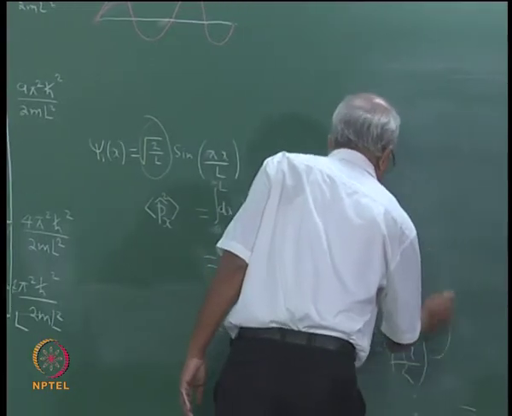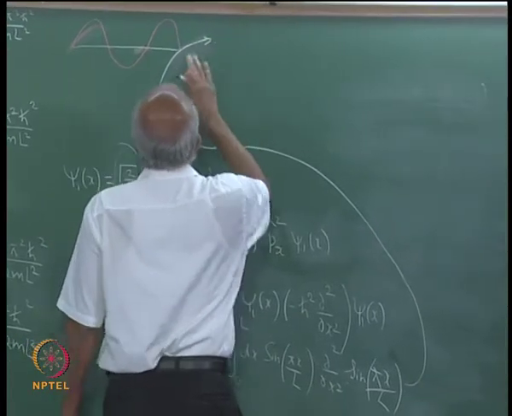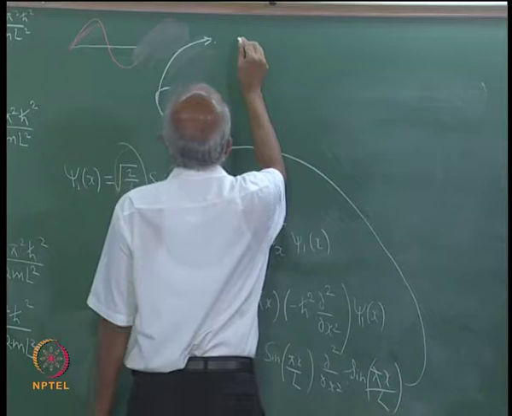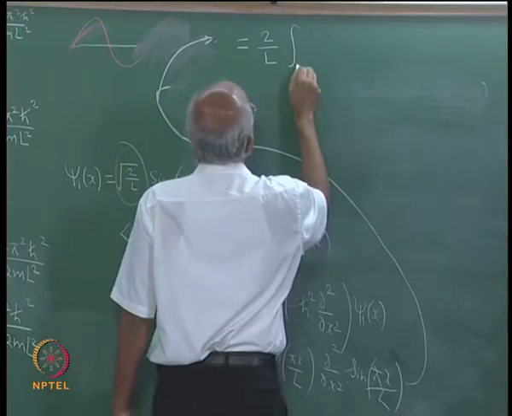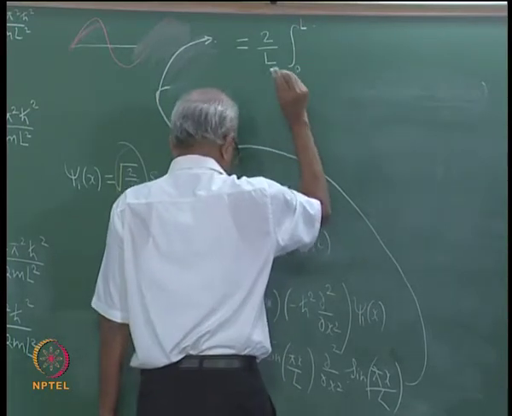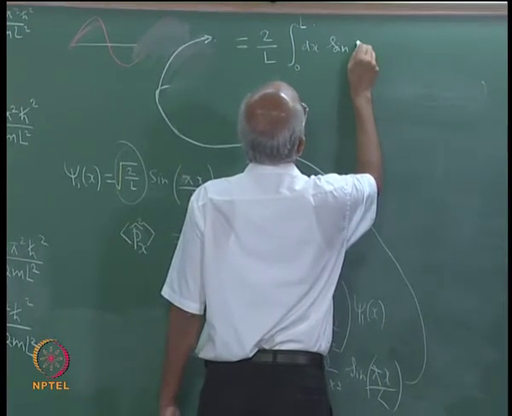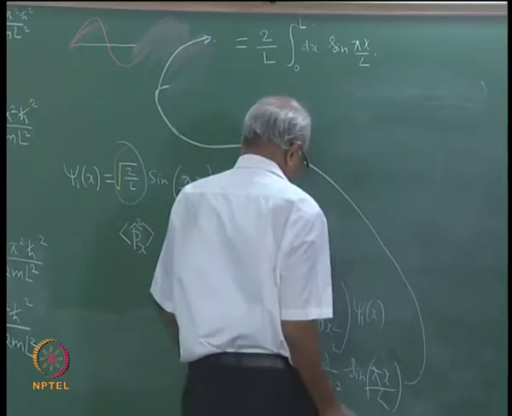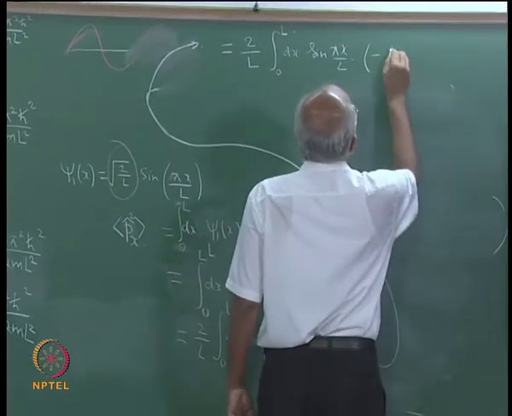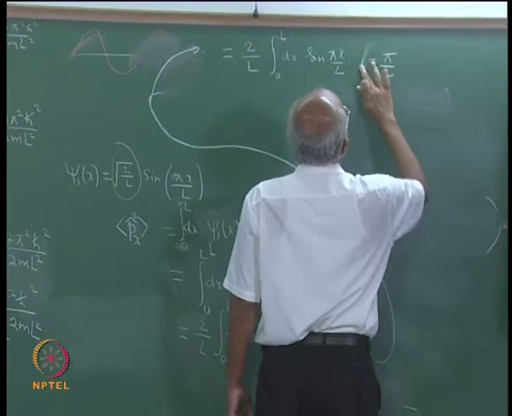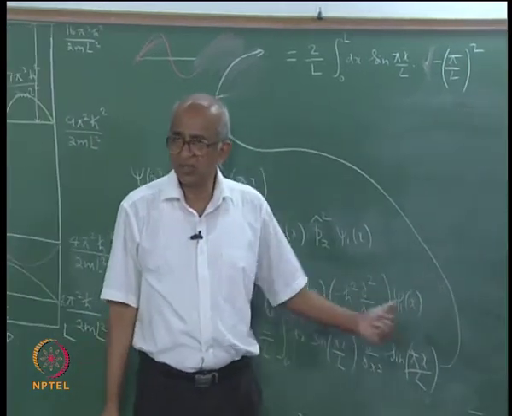Let me continue from here. It will be equal to 2 by L integral 0 to L dx sin pi x by L. When you carry out two differentiations, the answer is going to be minus pi by L the whole square, because each time you differentiate, a factor of pi by L is going to come out.